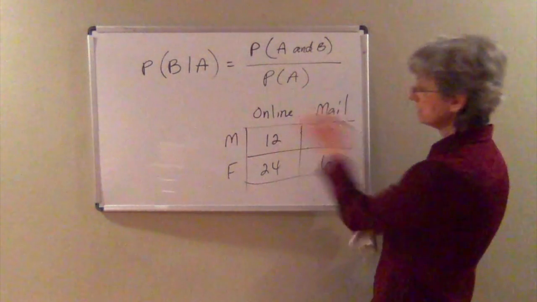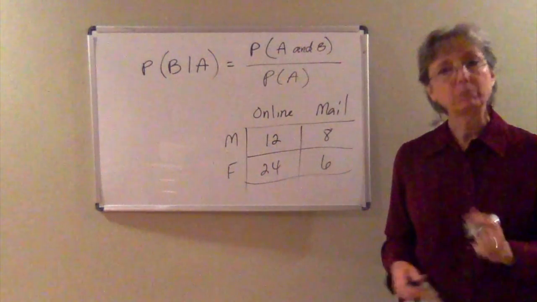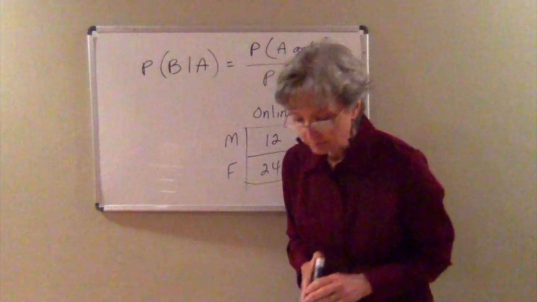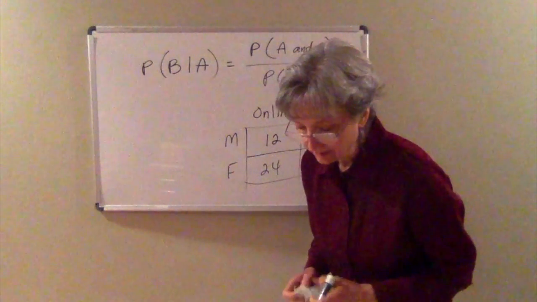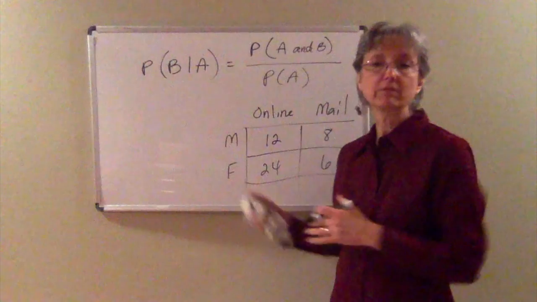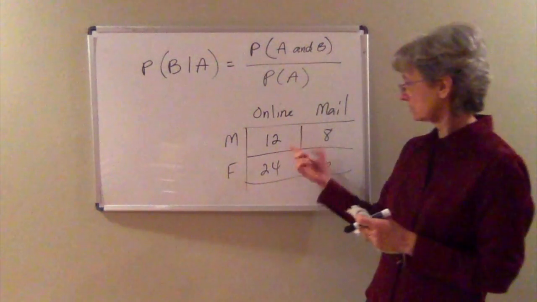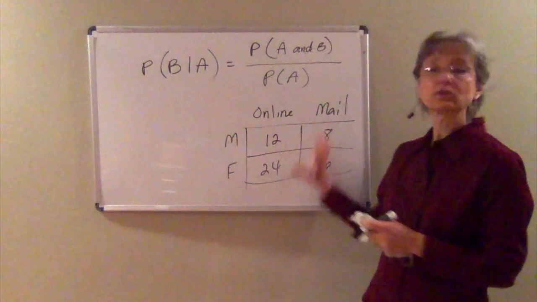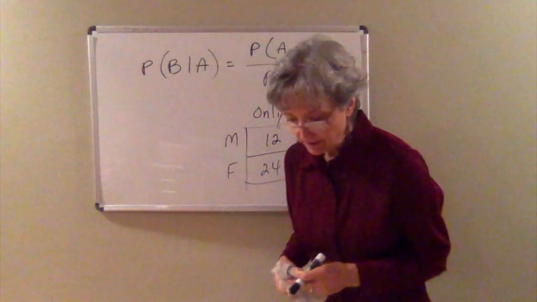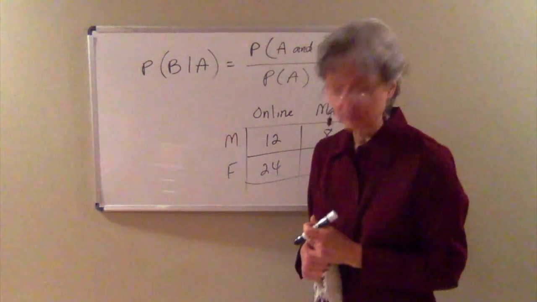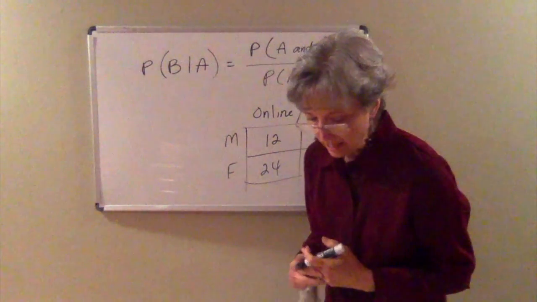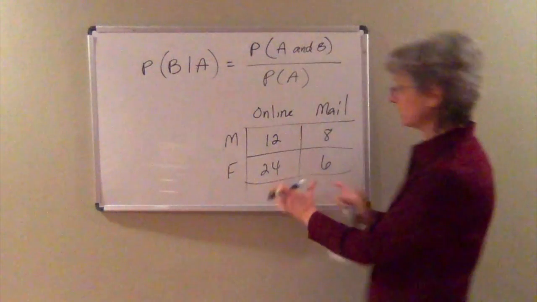So here is our data for how people pay their bills. This is a utility company. They asked 50 of their customers whether they pay their bills online or by mail, so there are 50 total people here, and this is what they got.